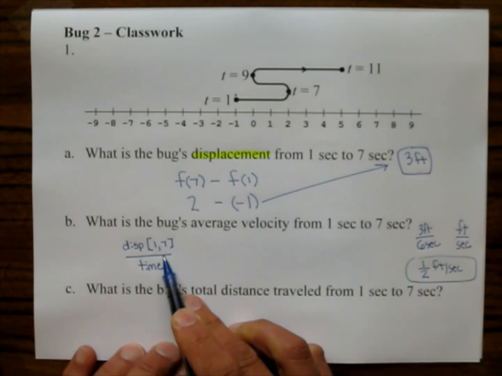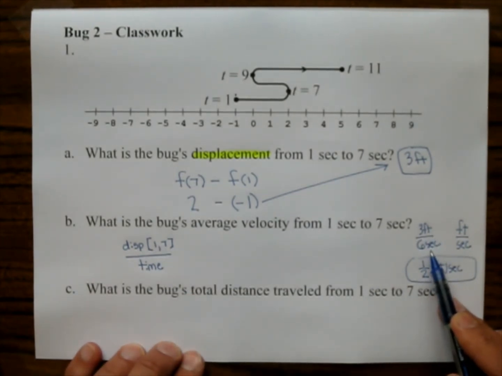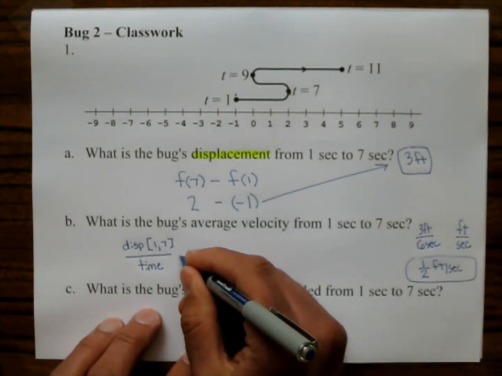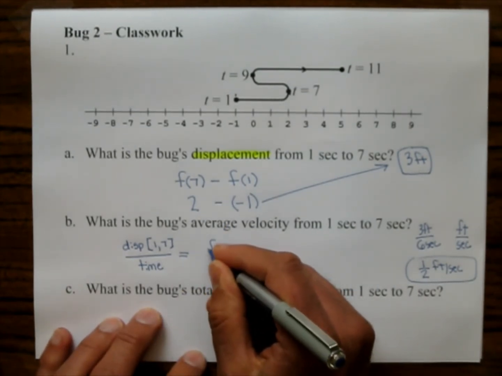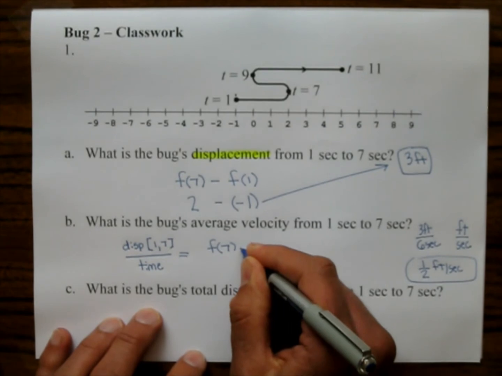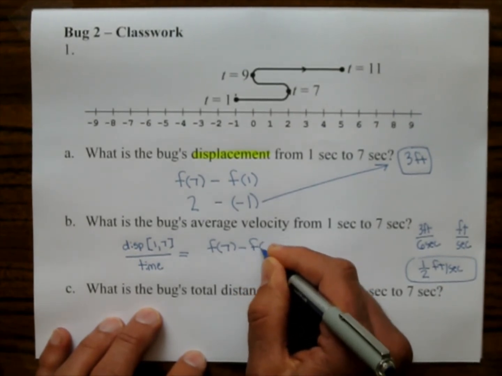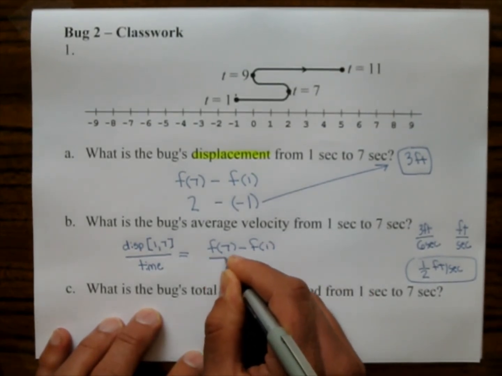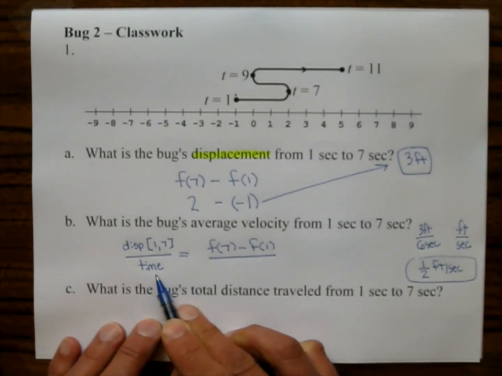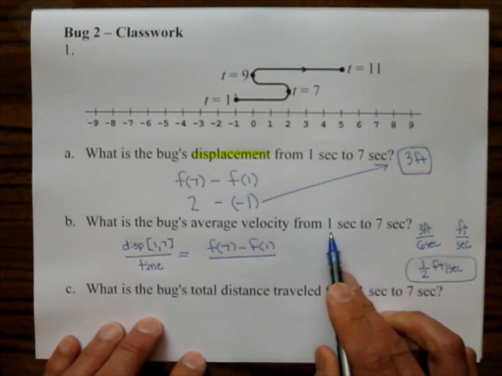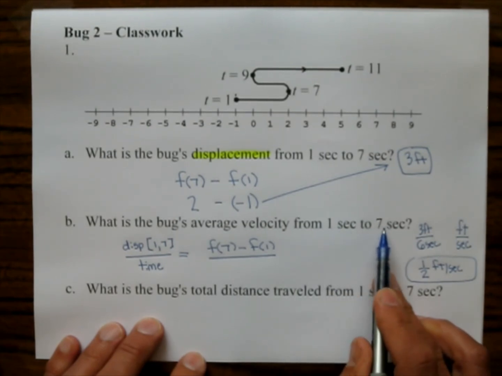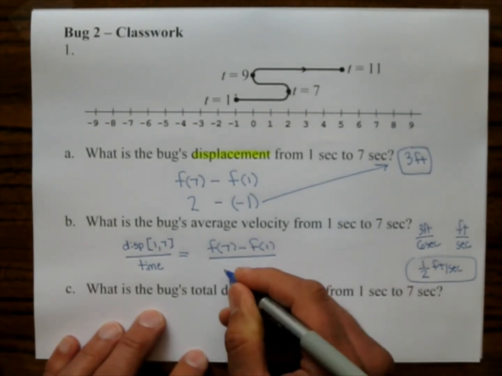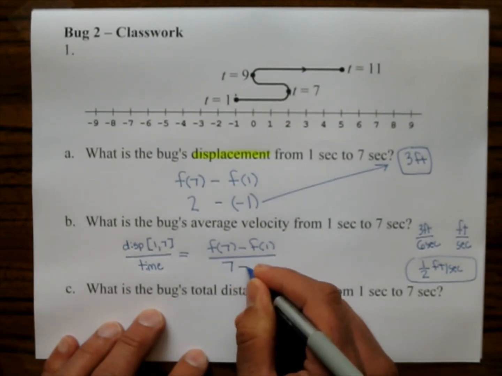The displacement was 3 and the time was 6 seconds. Maybe a cleaner formula would be the displacement was f of 7 minus f of 1 all over the time. We just said it was 6, we just said, oh, we know what it is. But really what we were doing was finding the difference. We were really going 7 minus 1.